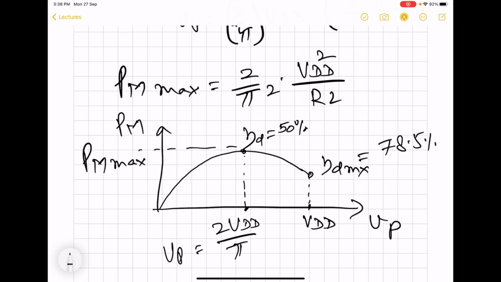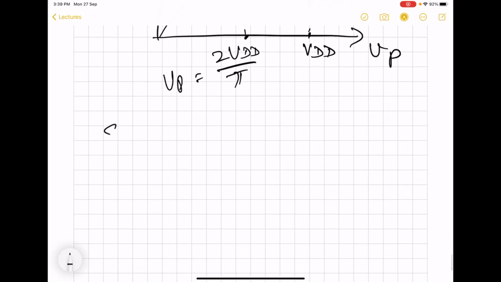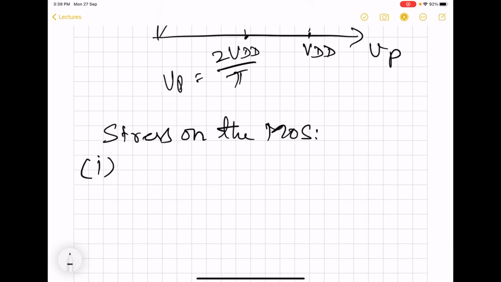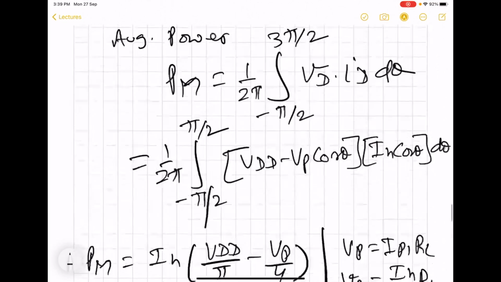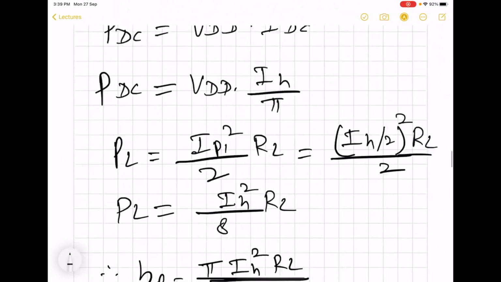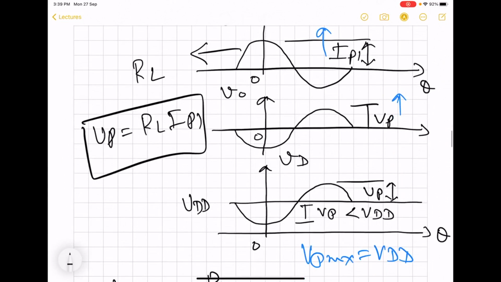Now, let us see what is the maximum voltage and current that the transistor has to sustain, that means the stress on the MOS. For finding out the voltage stress, we will have to look at the drain waveform, this waveform.